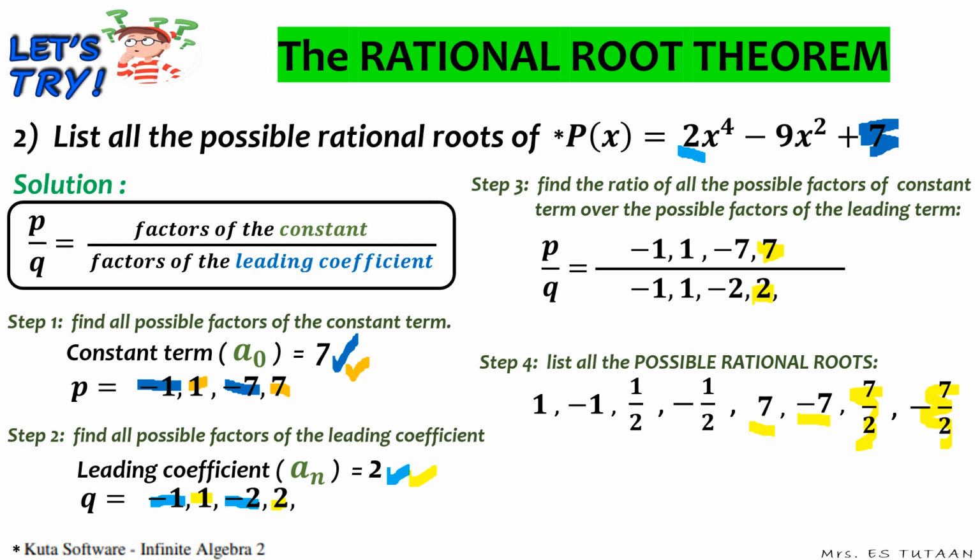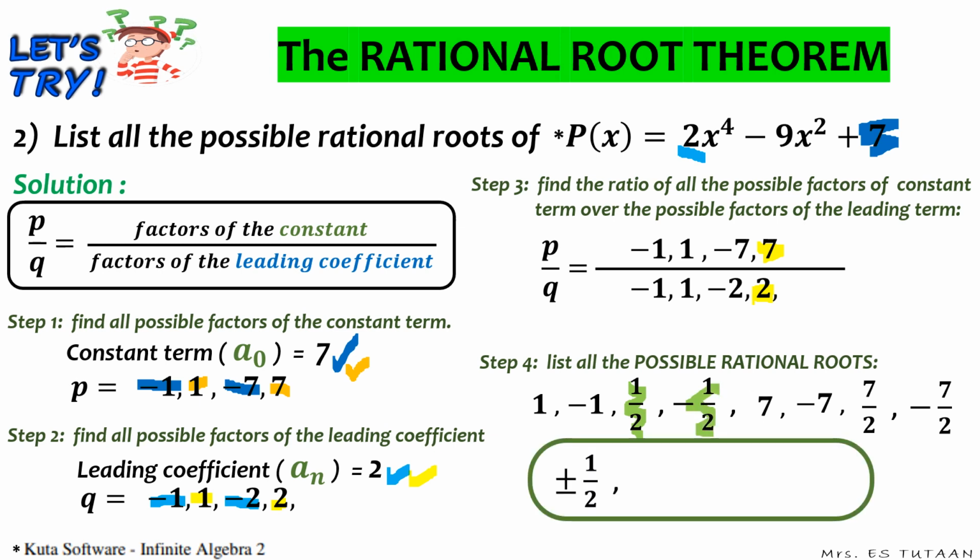And we will now simplify all these possible rational roots using the plus-minus sign. Pwede magsimula sa smallest value, smallest integer. So, we have positive 1/2 and then negative 1/2. So, that will be plus-minus 1/2. And then, ang next dyan ay positive 1 and then negative 1.